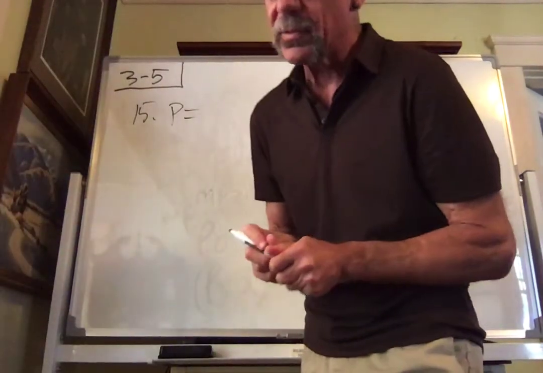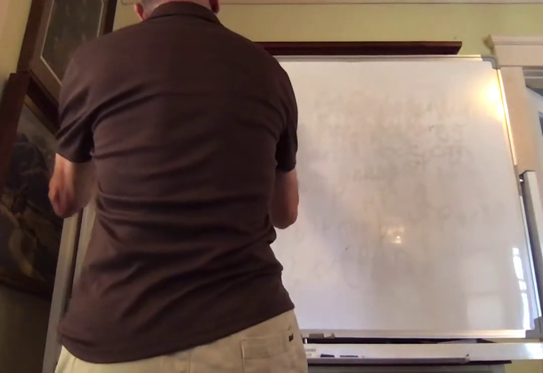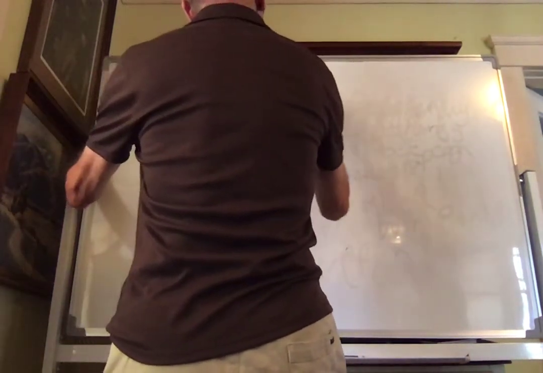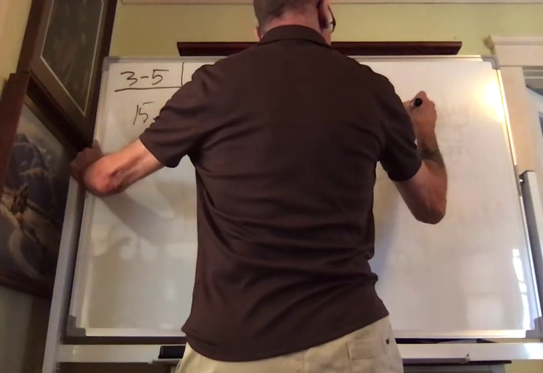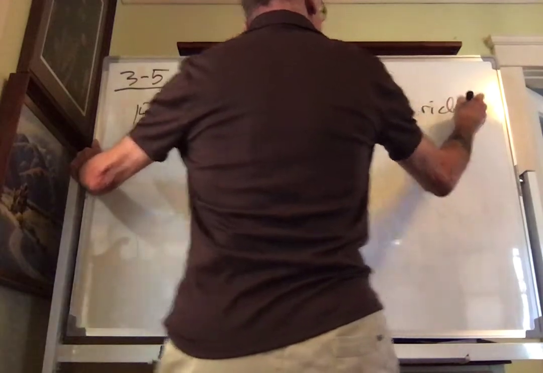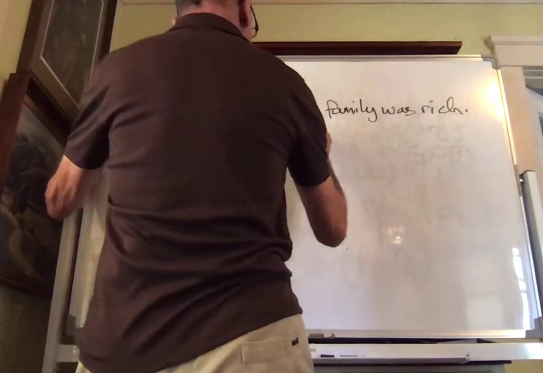Let P stand for Inocencio's family was rich. And let Q stand for his family was poor.